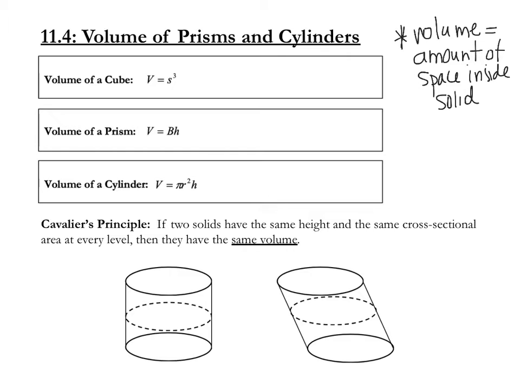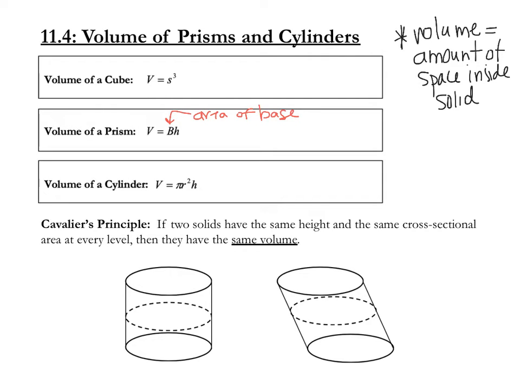Okay, so we have a couple formulas here. The volume of a cube, that one's kind of a shortcut formula. You can do side cubed, and that gives you how much space is inside of a cube. The volume of a prism is big B times H. Please notice this is big B, so big B still means area of the base, just like we were doing earlier this chapter. So this should be a pretty easy section because we're using all the same letters.